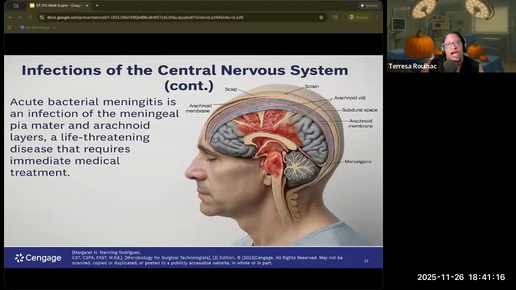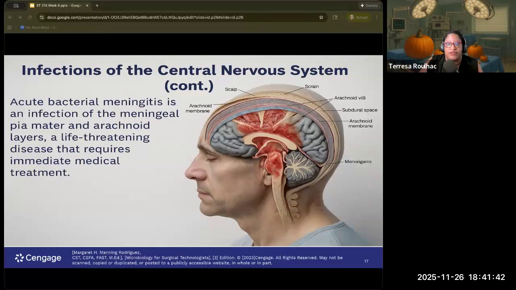But there are also non-infectious causes, like certain medications or certain cancers. With acute bacterial meningitis, the bacteria get into the central nervous system through the blood, a surgical procedure, let's say they're coming in for a craniotomy, or a head injury, or even from a nearby infection from sinuses or dental.